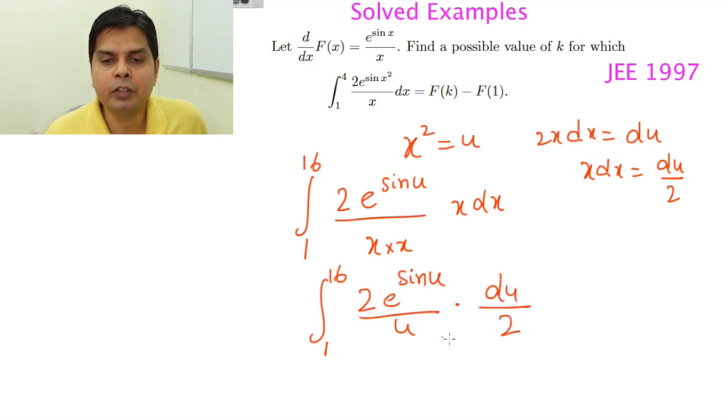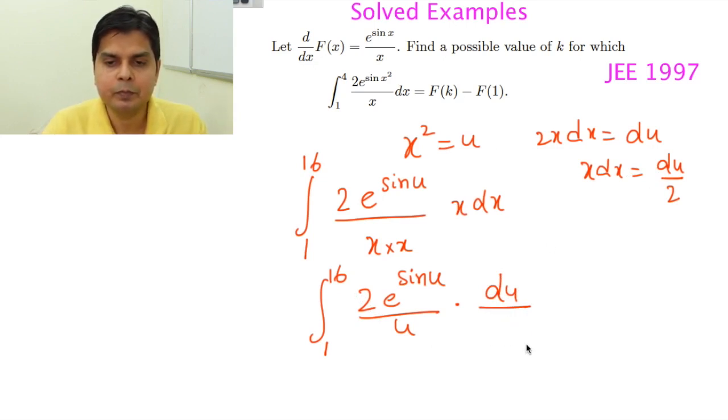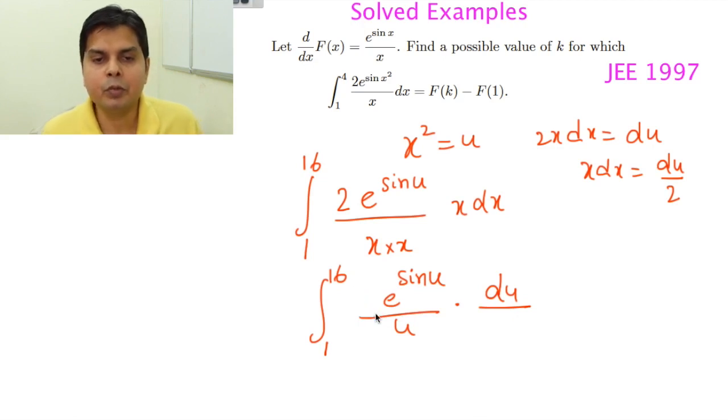Now this 2 and this 2 I can cancel. So what is this? e to the power sin u by u du. This is exactly the same as the given thing, so once you integrate this, you will get the same thing.